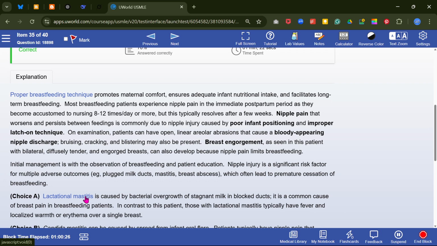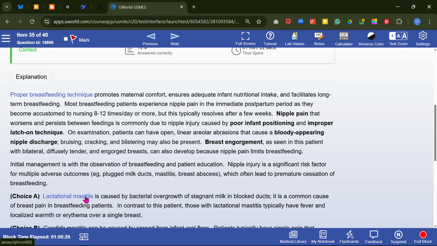Nipple pain that worsens and persists between feedings is commonly due to nipple injury caused by poor infant positioning and improper latch-on technique.